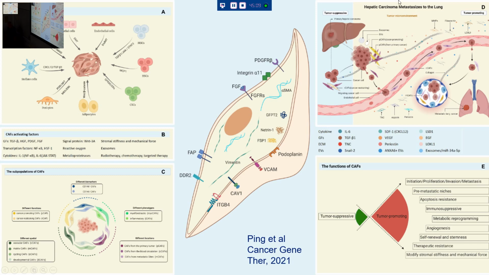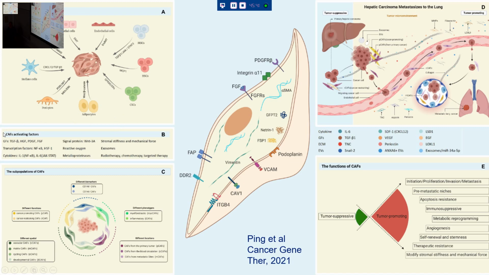This is a picture that's come from a hepatic carcinoma study, but again, it just reinforces just how important fibroblasts are within the tumour microenvironment. And I wanted to put this up because it shows you that they come from a whole variety of different sources. They can come from mesenchymal stem cells, they'll come from resident fibroblasts in the area, and so on. So there's a lot of plasticity within the fibroblast populations in tumours, which give rise to all of these effects.